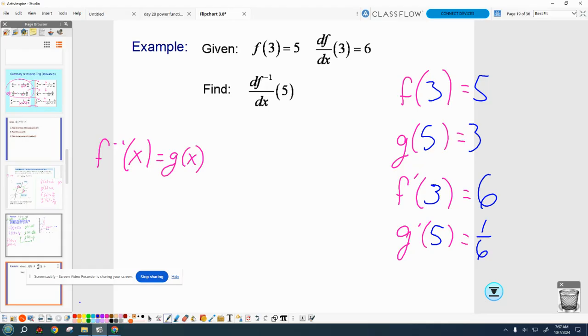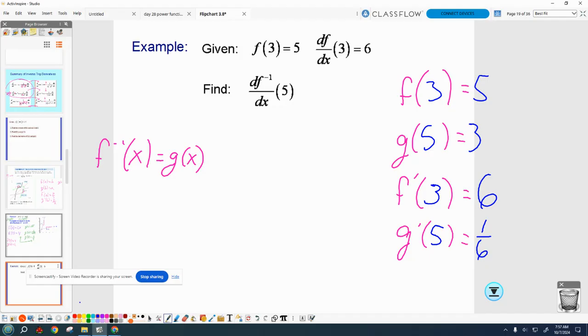This is always like, sorry? G prime of 5 is, that's the only thing I can tell you. I can't tell you anything else about F or G, F or F inverse. They told me one spot.